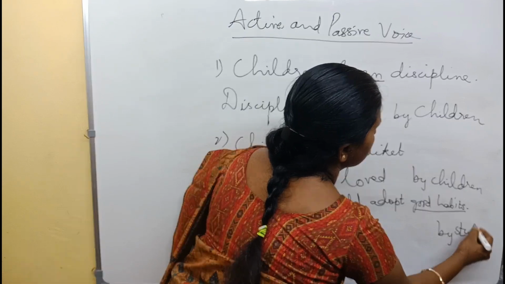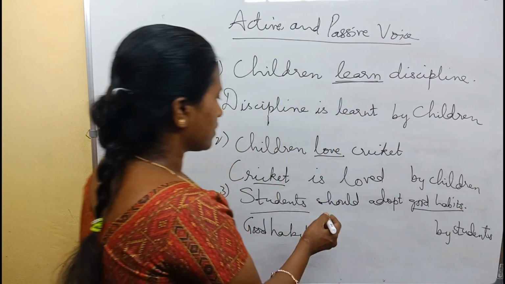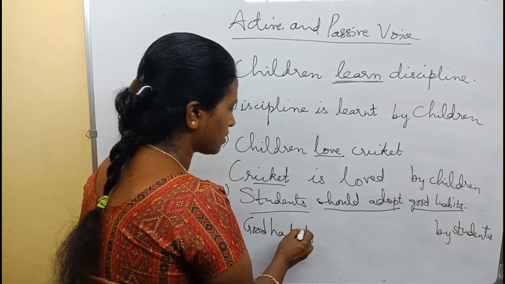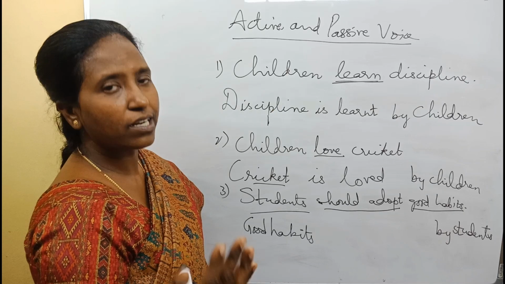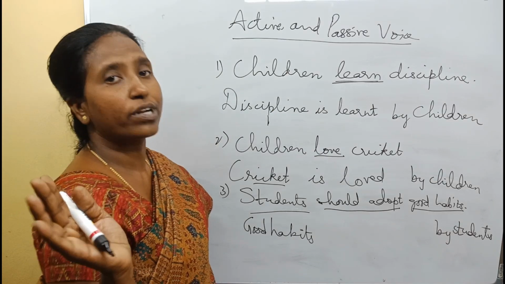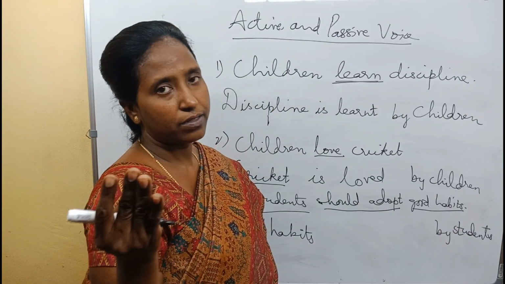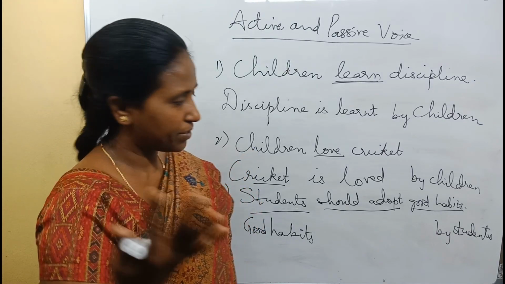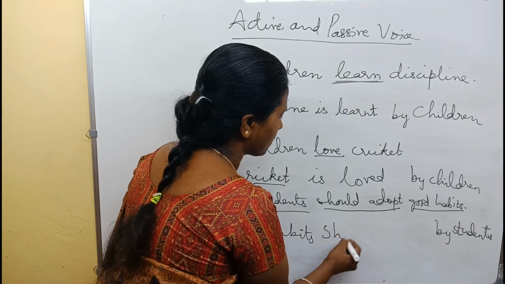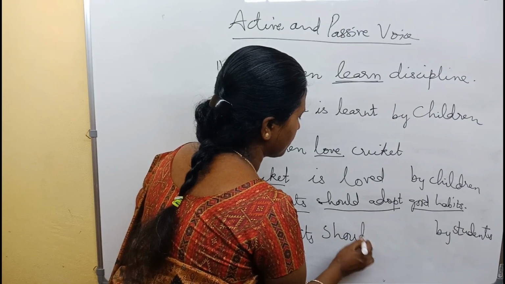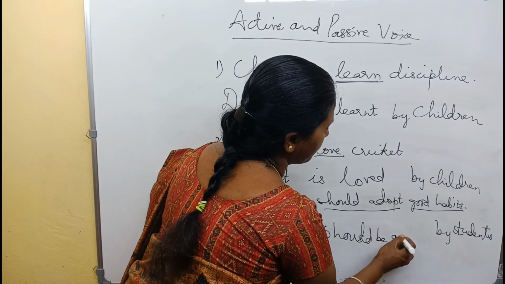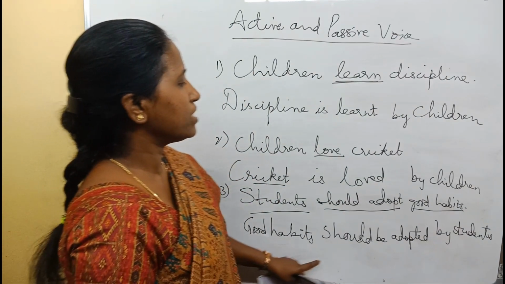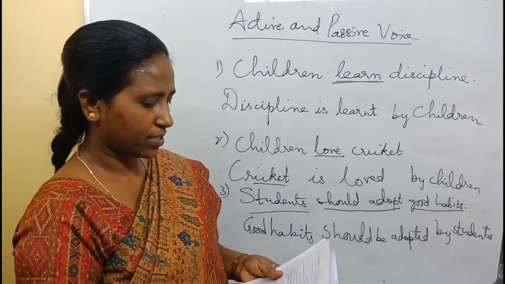By students. Now, what is the thing here? Should adopt. Okay. So good habits. This is a modal verb. If it is singular, plural, no problem for modal verbs. Can, will, shall, could, for that, no change. May, might. Okay. So good habits should be adopted. Always V3 form we should use in the passive voice. Good habits should be adopted by students.